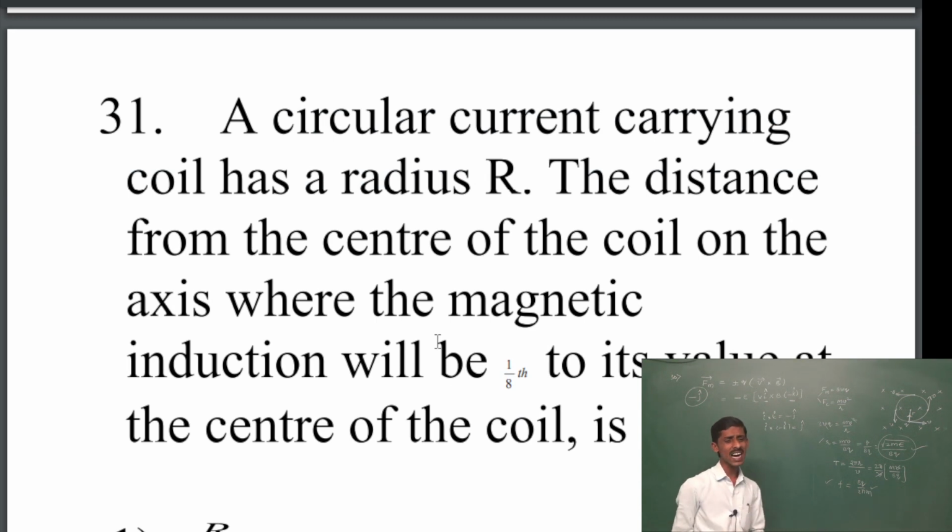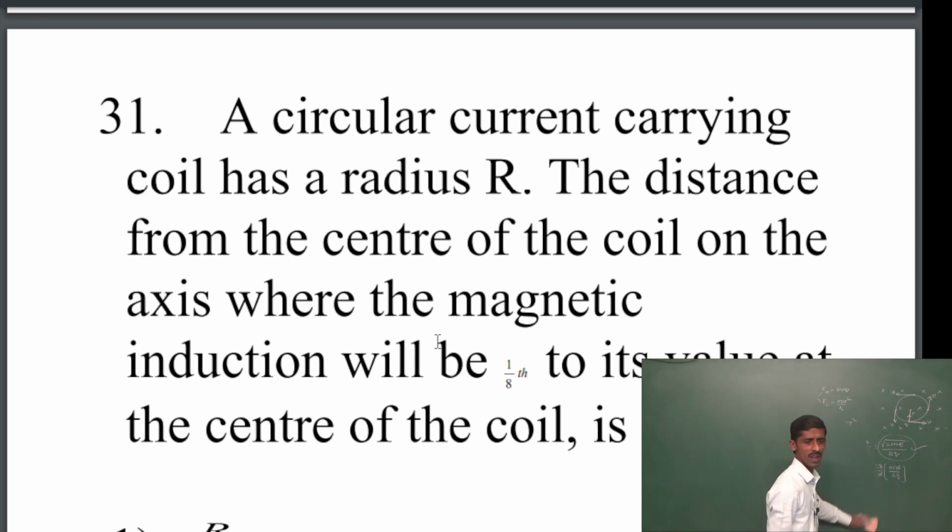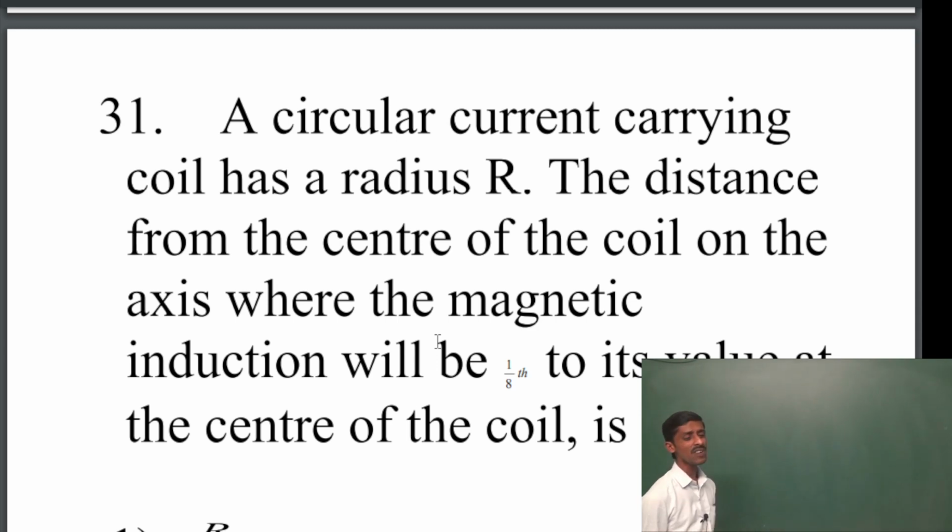A circular current carrying coil has radius r. The distance from the center of the coil on the axis where the induction will be 1/8 of the magnetic field value at the center of the coil. So the question is, there is a circular coil of radius r.